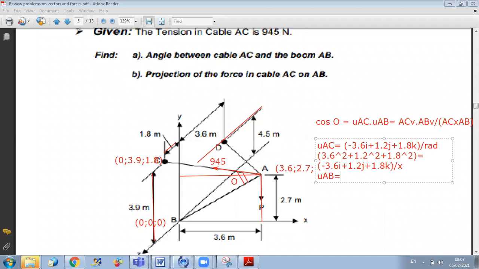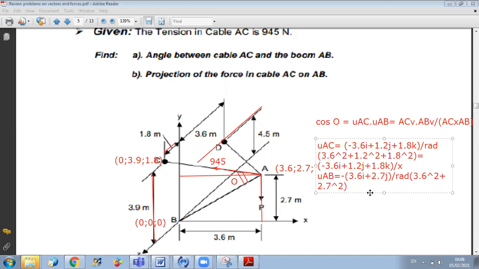So vector AB is simply 3.6i plus 2.7j and no component along k, and I divide by the radical of 3.6 squared plus 2.7 squared. Now it should be minus 3.6 and minus 2.7, exactly, sorry, because it's from A to B. So I will put the minus outside.